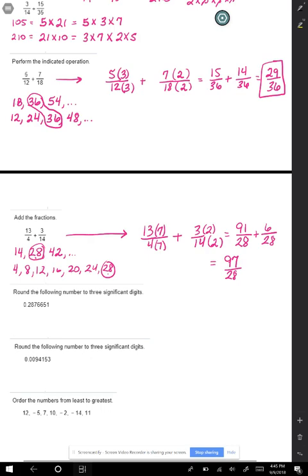Can it be divided by 3, 4, 5, 6, 7, and so forth? And just do those divisions. And if you can't find anything that will go into it, then that's going to tell you that 97 is prime, or that 97 can't be broken down any, or you can say that 97 and 28 don't have any common factors.